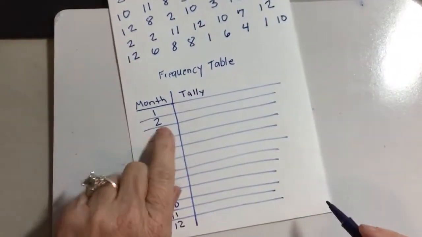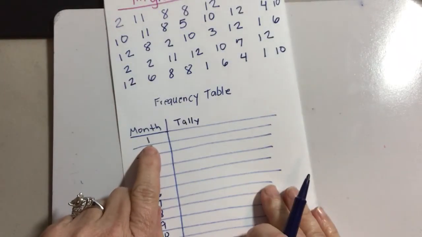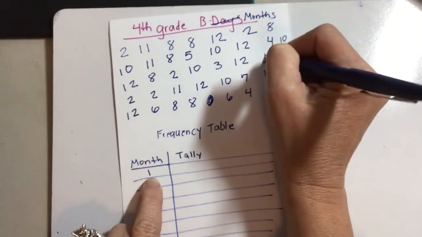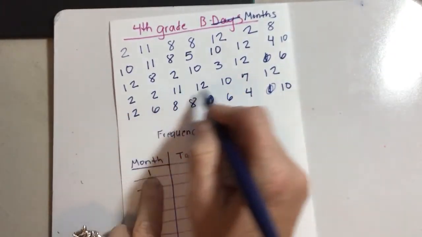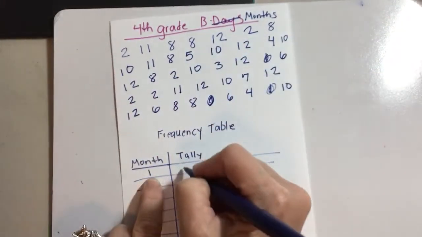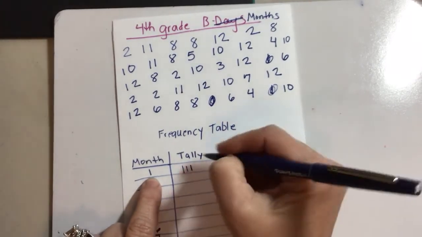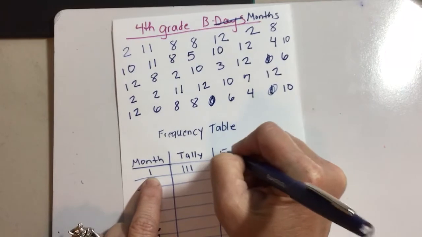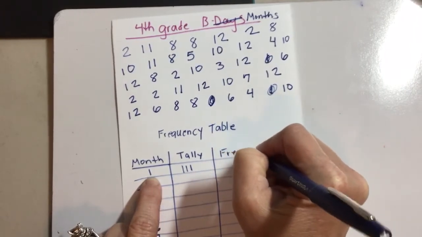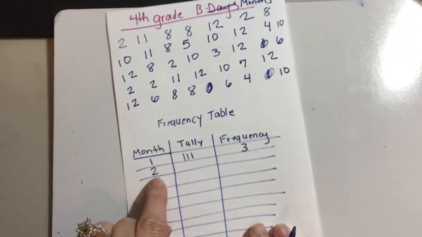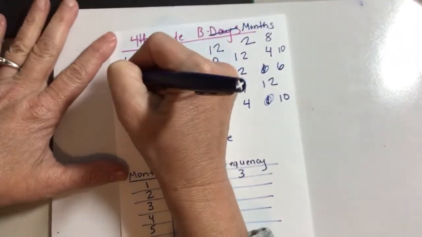So all the birthdays for the ones: there's 1, 2, 3. There's 3 of them. That's one way you could do it, and then the frequency would be 3.